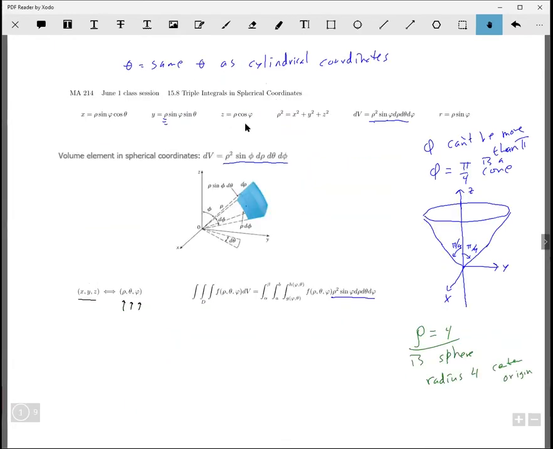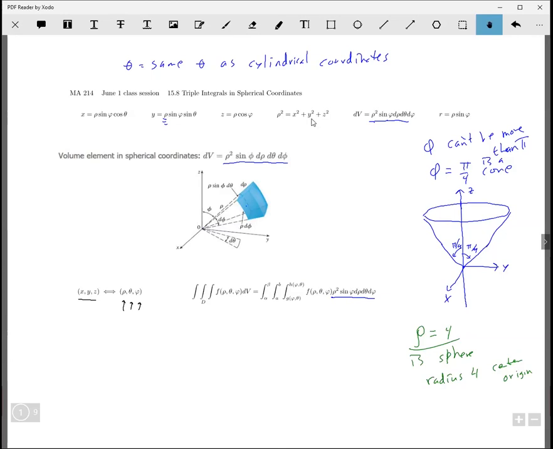Spherical coordinates has rho, theta, and phi. Theta is the same angle as for polar coordinates and cylindrical coordinates. Okay, it's the angle in the xy plane down here. Rho is the distance between the point and the origin.